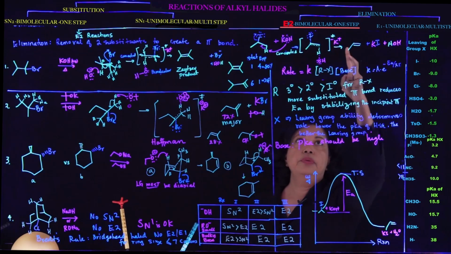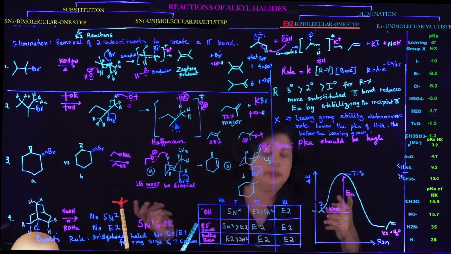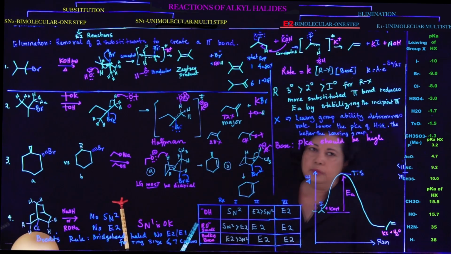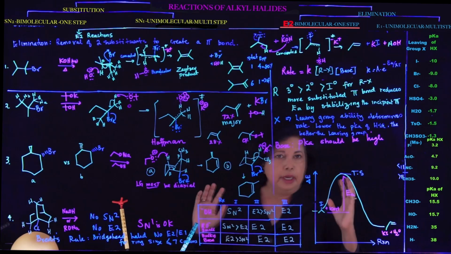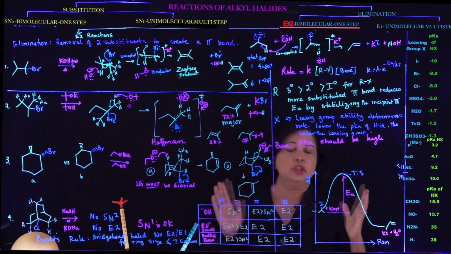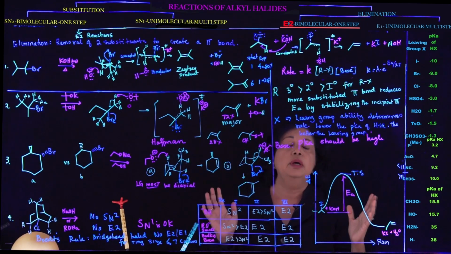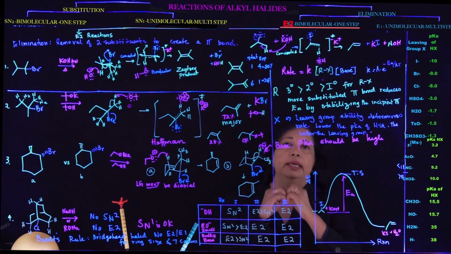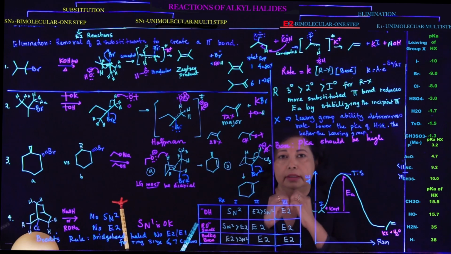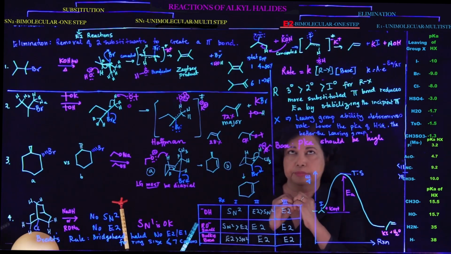If you double both, then the rate would quadruple. And that was the same with SN2 as we saw earlier, because that was also a bimolecular reaction where in the slow rate determining step, 2 molecules are involved making and breaking bonds in a concerted way. So that is really key.